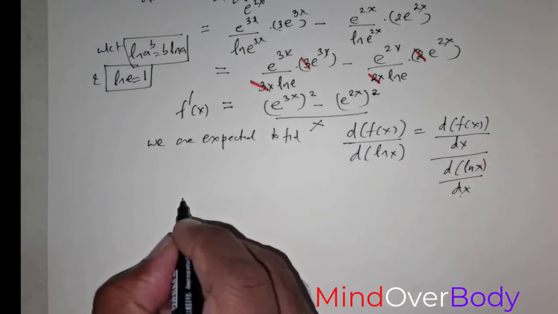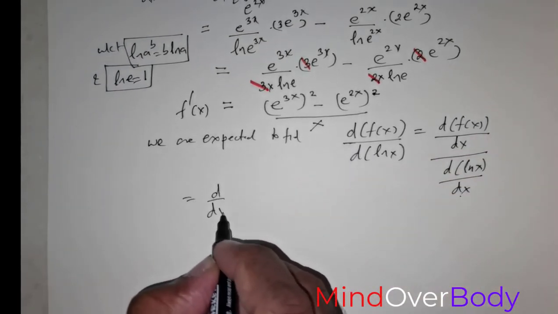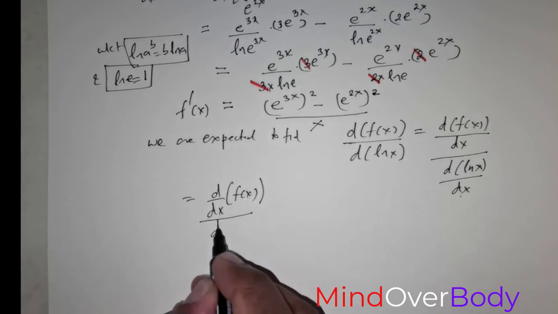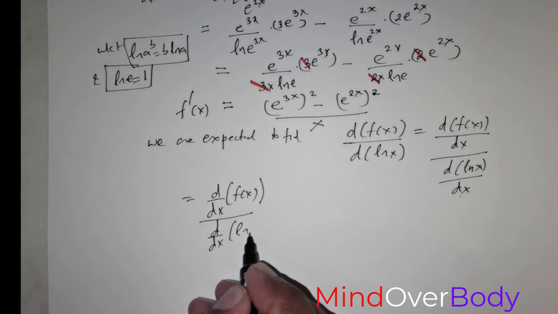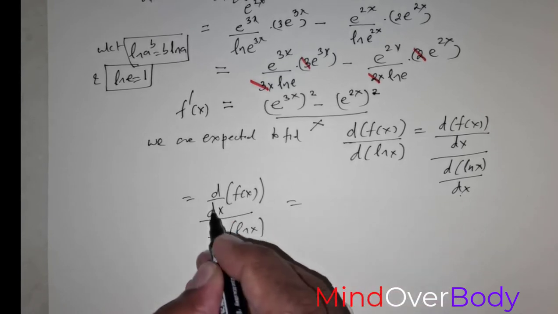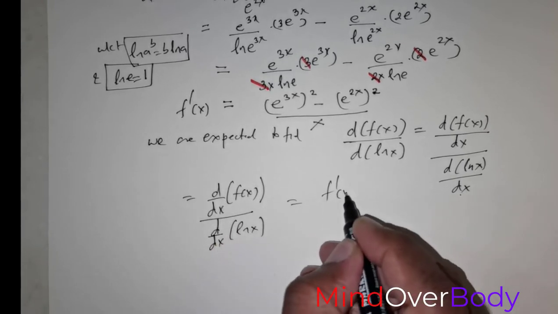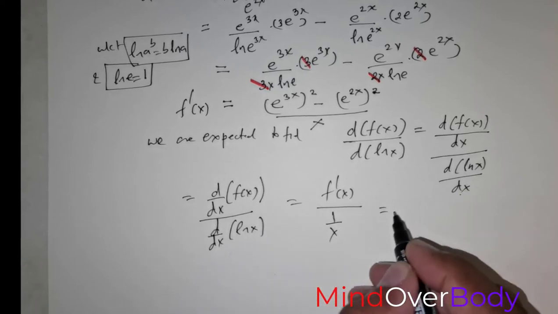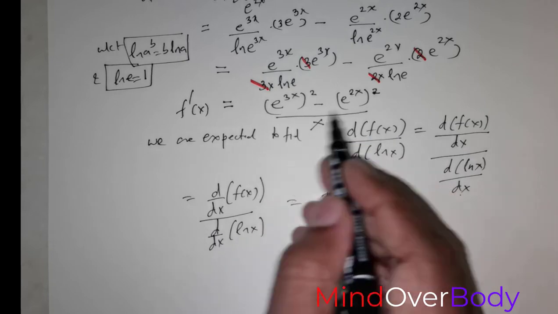Now this is rewritten as d over dx of f of x divided by d over dx of ln x, right? Now d over dx of f of x is nothing but f dash of x, and d over dx of ln x is 1 over x. But f dash of x is this quantity, right?